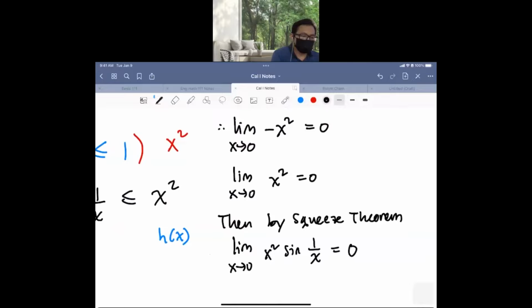It can happen with many cases. As long as you have at least three functions, the left function and the right function, whose values you know for sure, then you can figure out the middle one. Okay, that's the squeeze theorem.